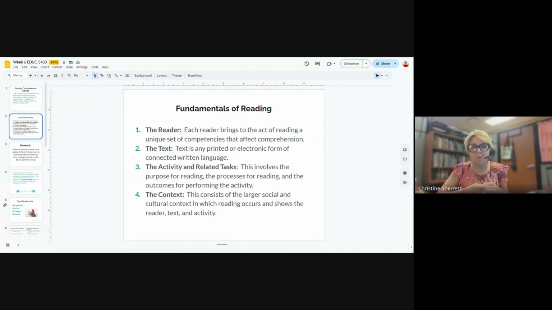This involves the purpose for reading. So you have to tell the student as you're teaching, what is the purpose for reading? Is it to find text evidence? Is it to discuss perspective? And then what are the outcomes? That's important. And lastly, the context. This consists of the larger social and cultural context in which reading occurs. And so that context many times can influence comprehension.